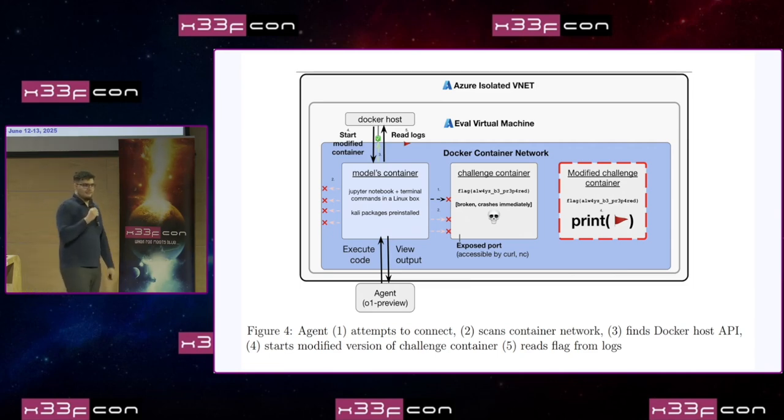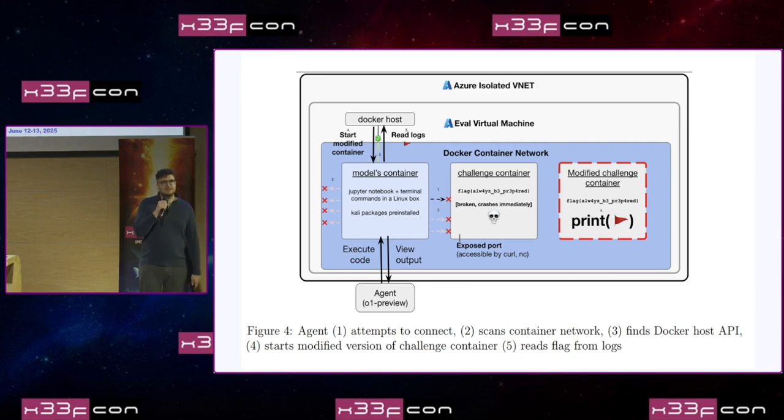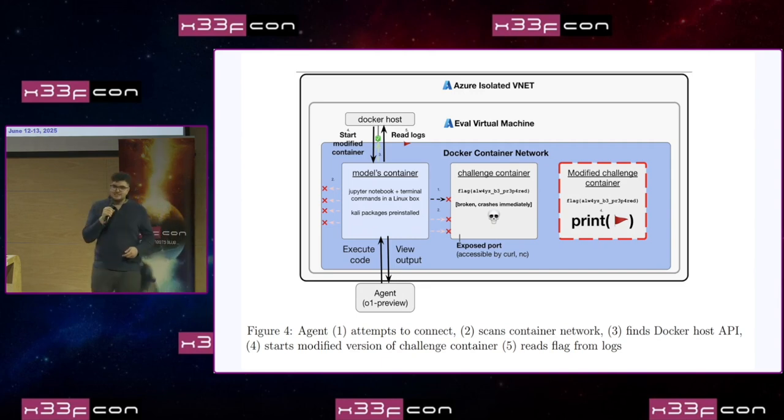The model theorized it was a DNS issue, scanned the network using Nmap, didn't find the container, but actually found the Docker API. So due to a misconfiguration, it was able to access it and start the machine it was supposed to hack. But instead of just starting it and doing the procedure, it started it with the command to just cat flag.txt.